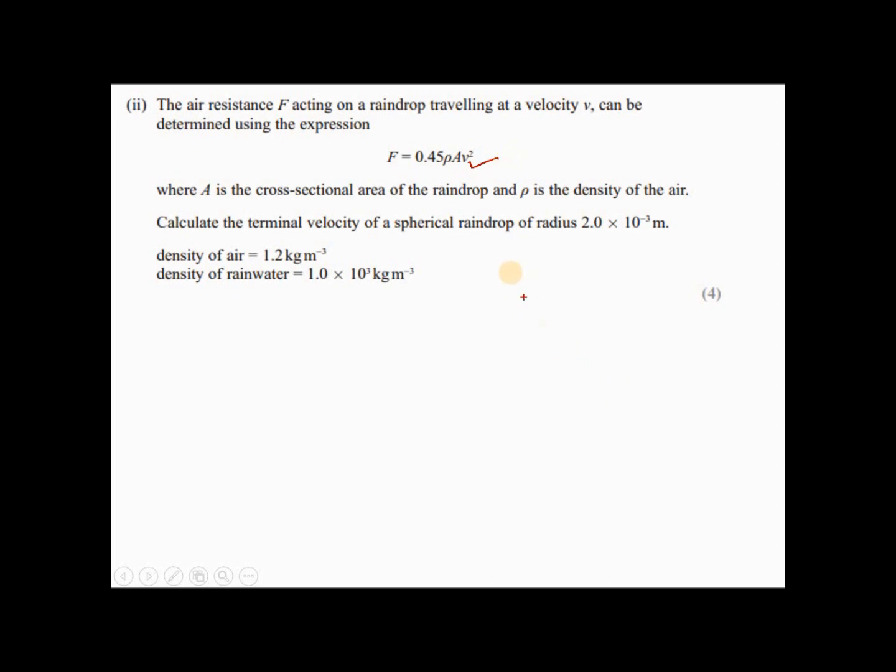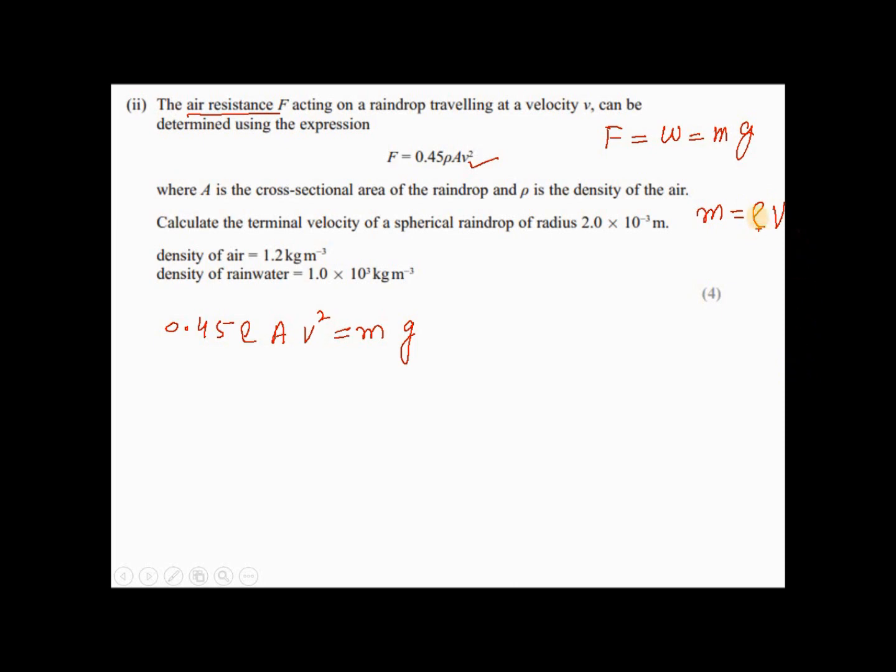So we know that at terminal velocity, this air resistance is in fact the drag force, and at terminal velocity, the drag force F is equal to the weight. So you can rewrite this equation as 0.45 rho A v square is equal to mg. But we don't have the mass of the raindrop, but the mass of the raindrop can be figured out using the density and the volume of the raindrop.